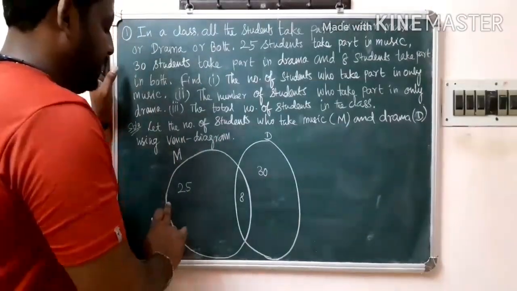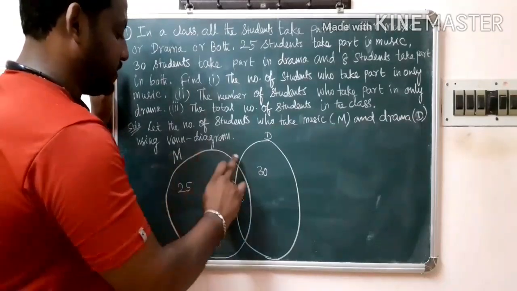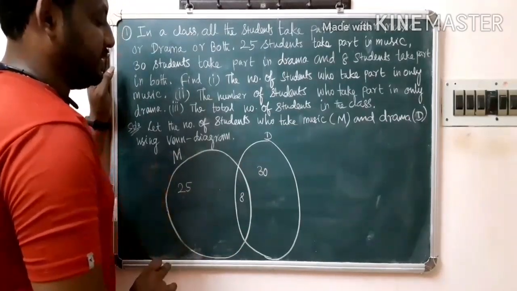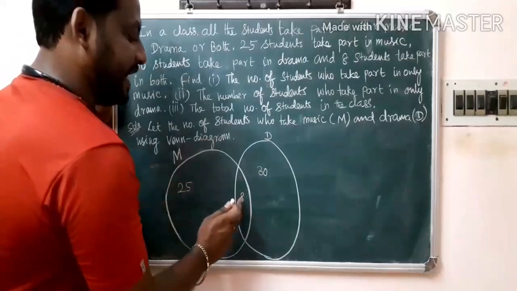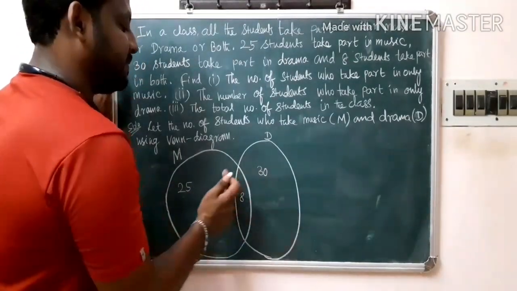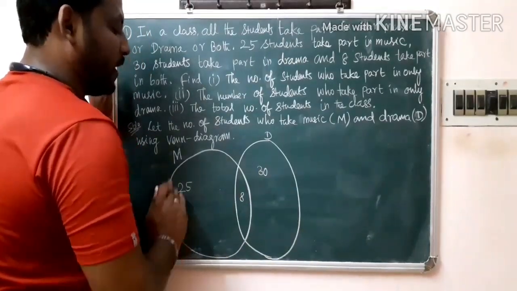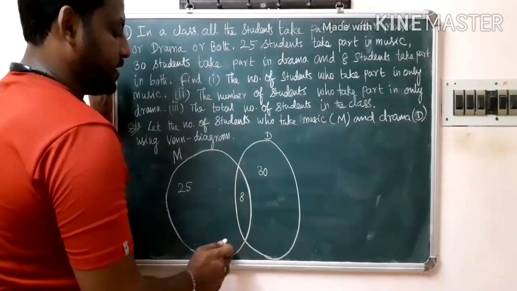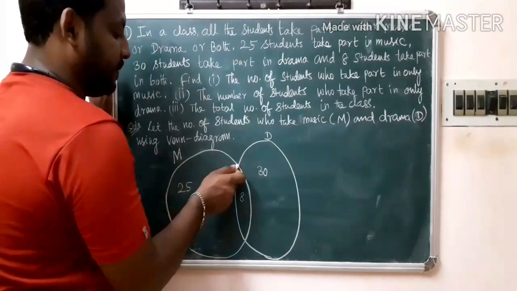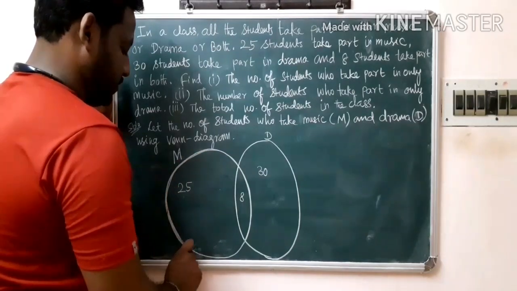So now the first question, the number of students who take part in only music. This whole set is music, which contains 25 students. In this whole set, 8 students participated in both music and drama.